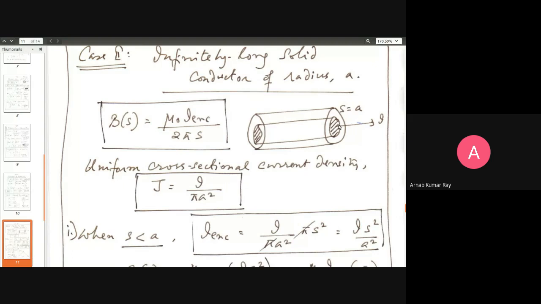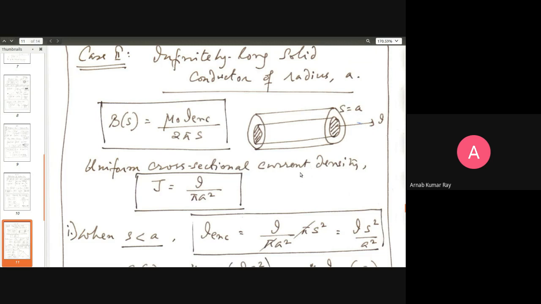The total radius of the wire is A, and within that cross section, you have taken a small daughter cross section, as indicated by this shaded area, through which current I is passing. So we shall now work on this step by step.